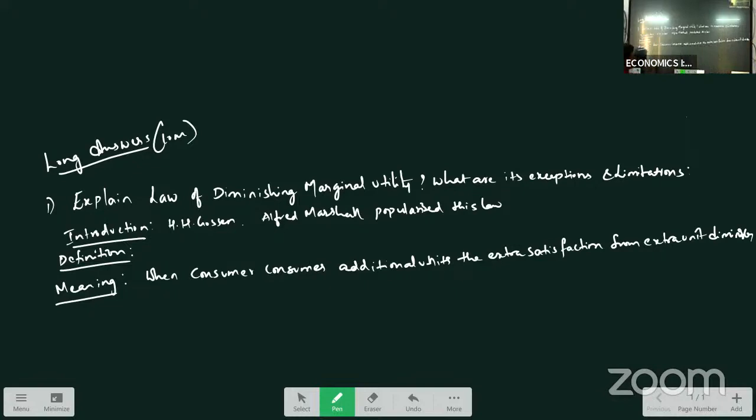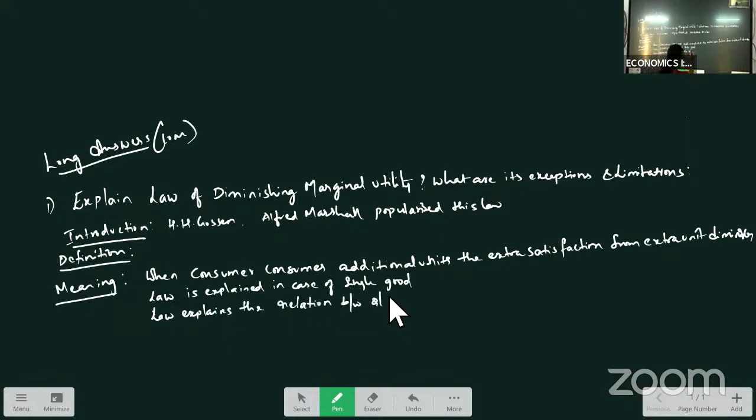And one more point you will write here: this law was explained in case of a single good. Also we can say that this law explains the relation between quantity consumed and utility derived.